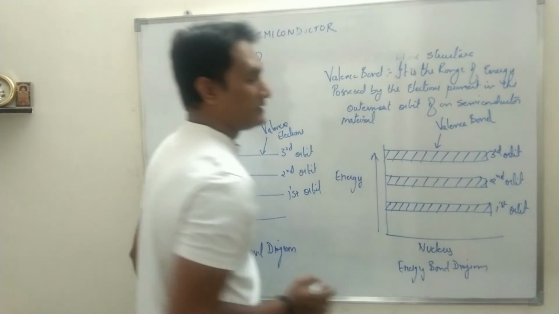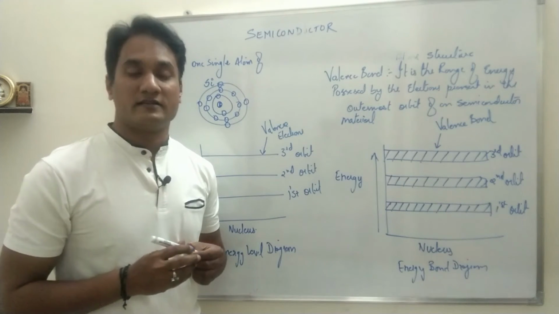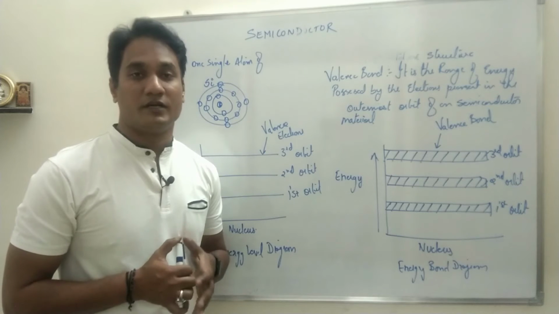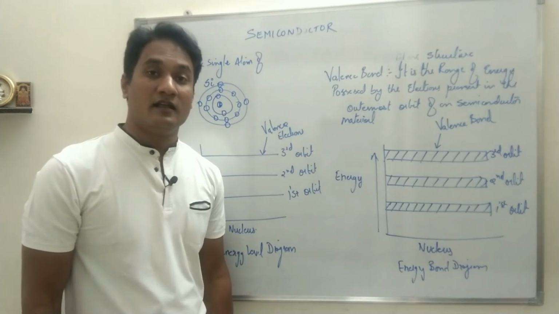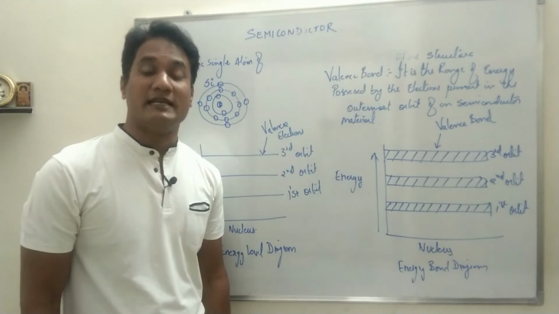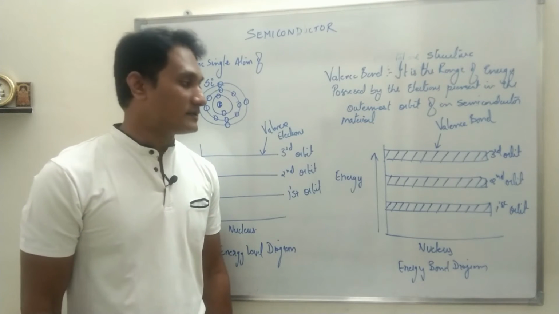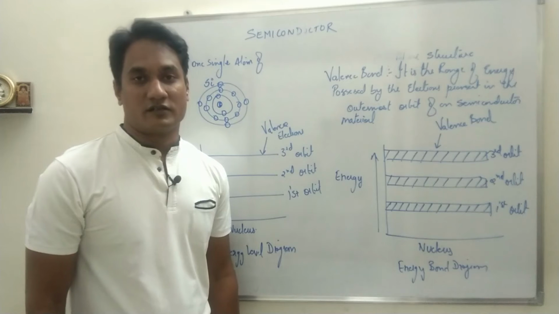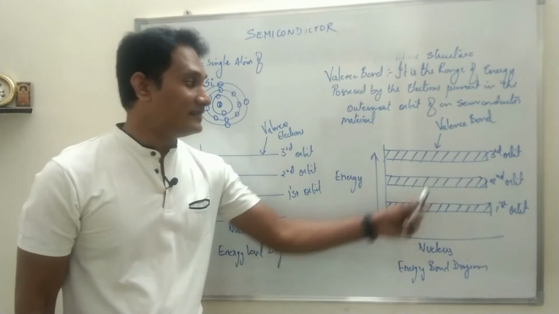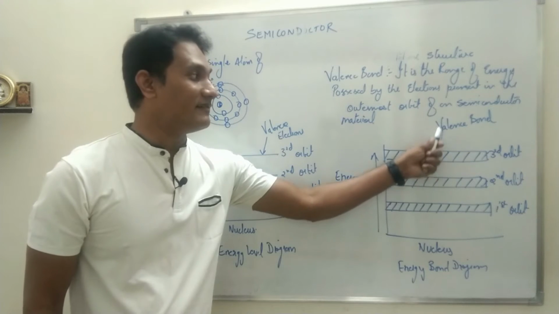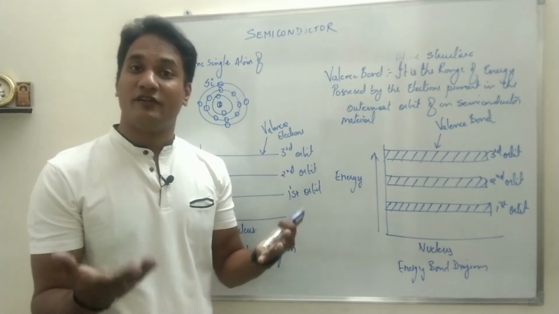The energy of those valence electrons will be very high as compared to the second and first orbits, while the attraction with the nucleus will be less. That means when external energy is applied, these electrons present in the valence band will become free.